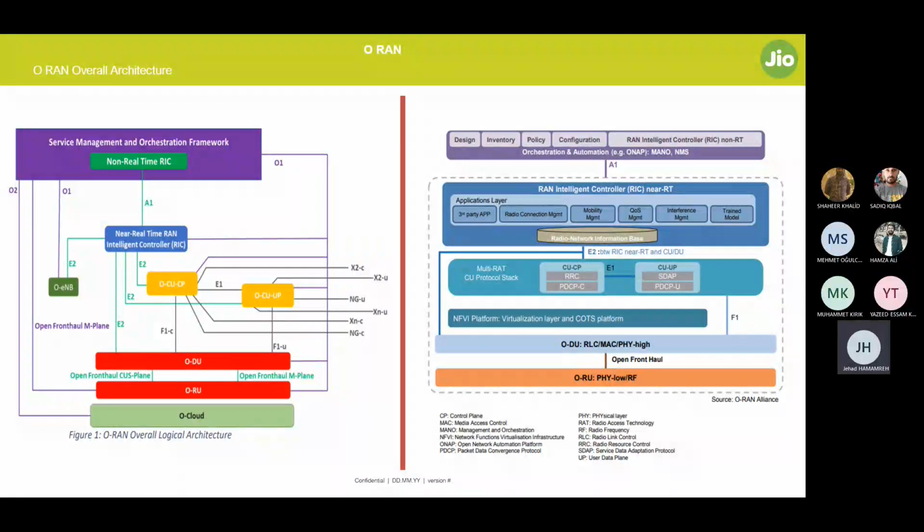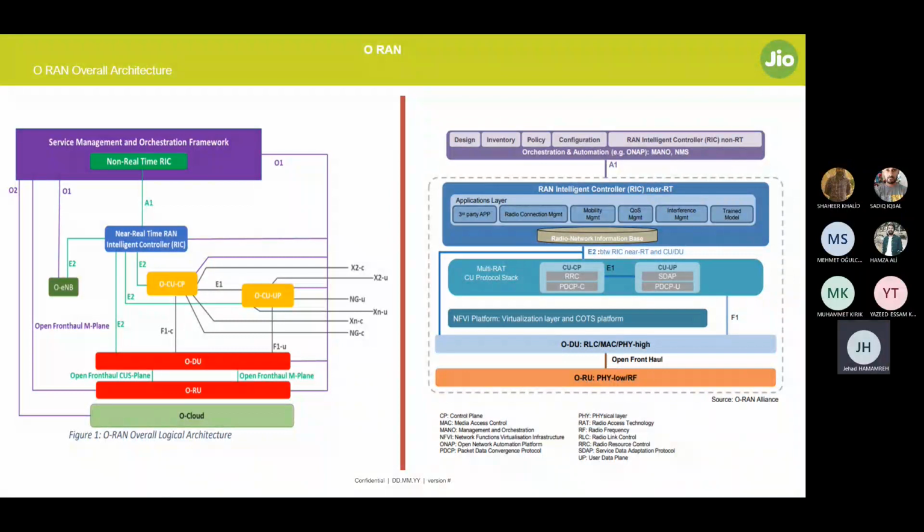After that, it's connected with Open Fronthaul to the Open Distributed Unit. This is the baseband unit, which includes the functionalities of the higher layers together with the functionalities of the physical high layer. As you can see here, the physical layer is split into two parts, low and high.